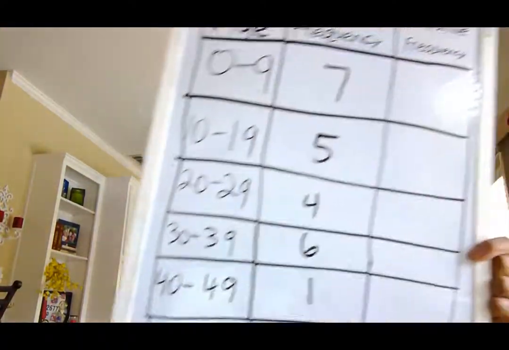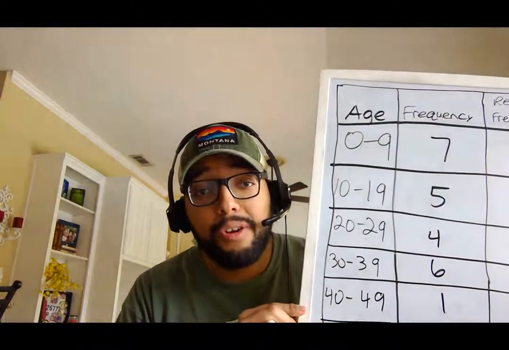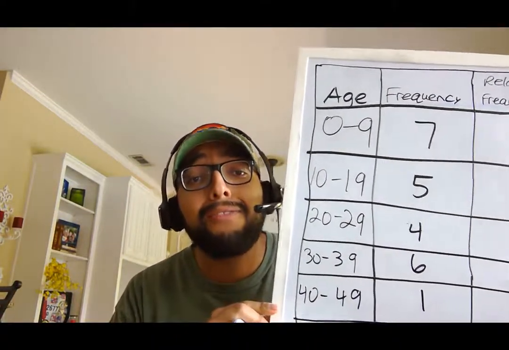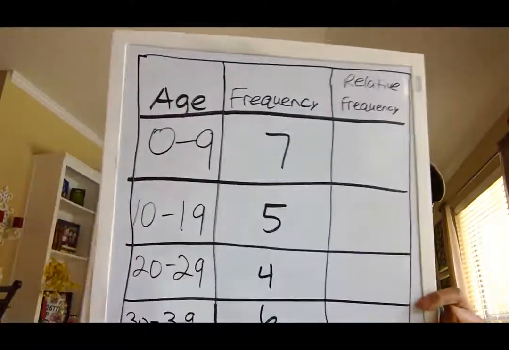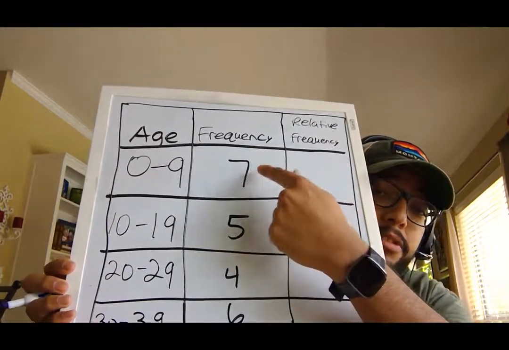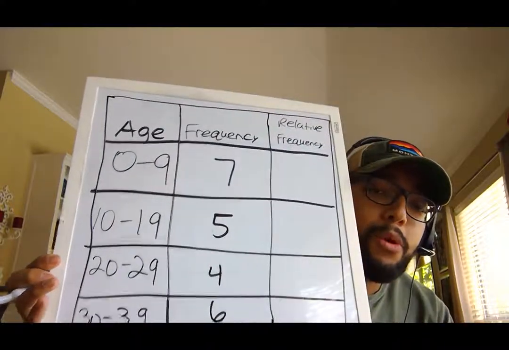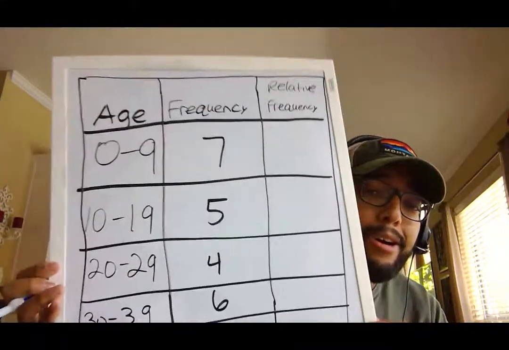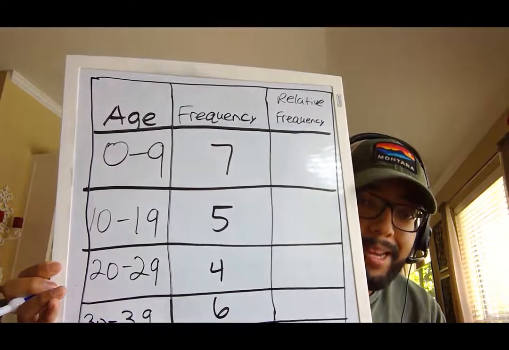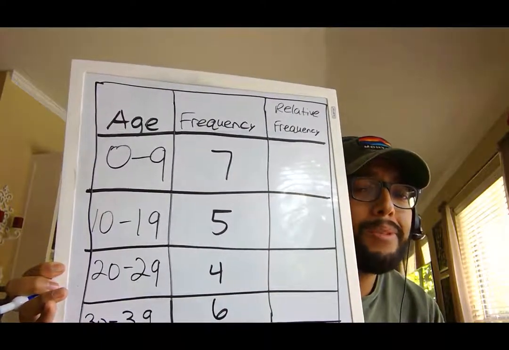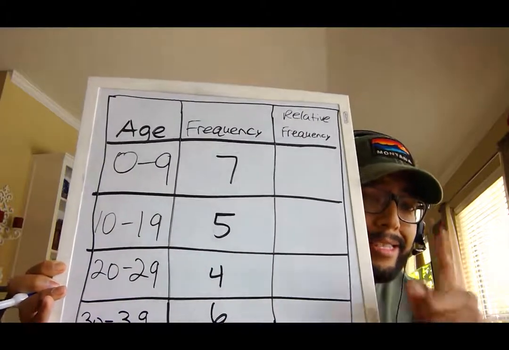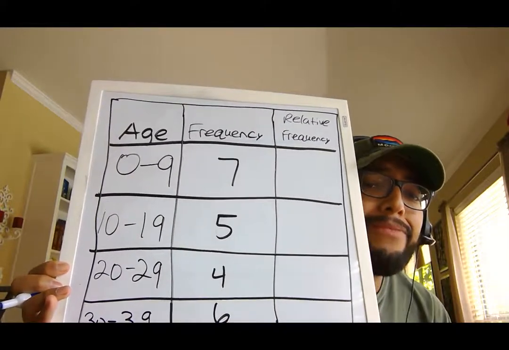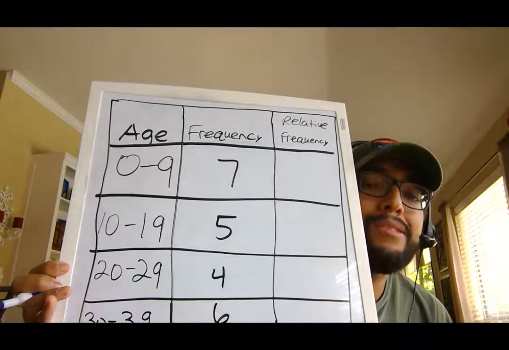Alright. Now, as Mr. Garcia said, to find the relative frequency, I'm going to take each of these numbers right here, and I'm going to divide it by that total number, which is 25. So again, I'm not too good with the maths, but I do know that 7 divided by 25 is going to be 0.28.